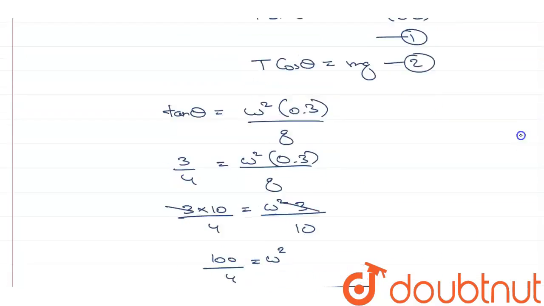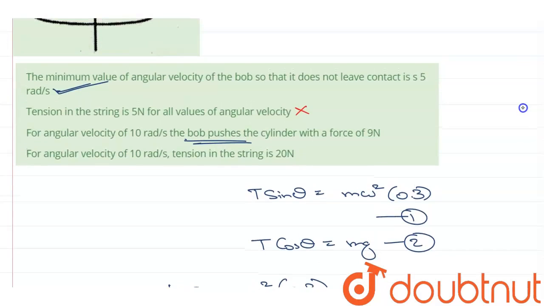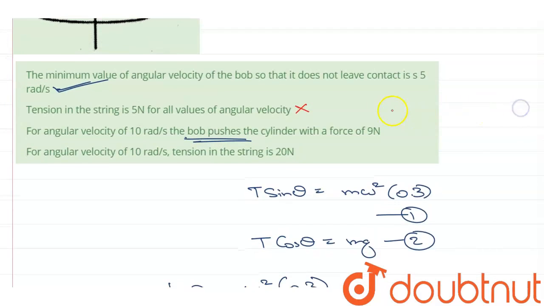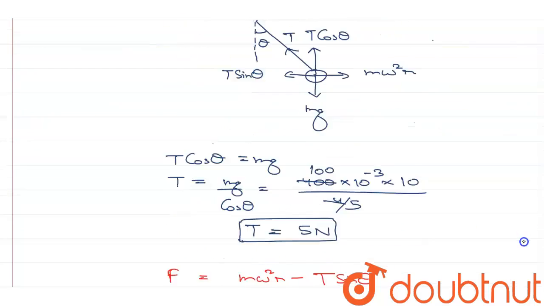So option C, that for angular velocity of 10 radian per second, the bob pushes the cylinder with a force of 9 newton, is correct. The final option says for angular velocity of 10 radian per second, tension in the string is 20 newtons. This we already calculated.